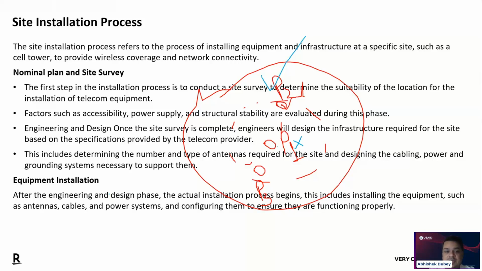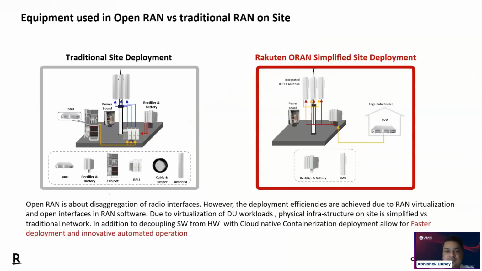It could be antenna, cable, power systems, right? Everything. So first you will install the foundation. It includes the civil infrastructure and the power, and then subsequently you will install the poles, and then antenna and the cables, and the DU or RU, whatever is required on the site. So this is the whole activity you are going to do in the installation for a site.